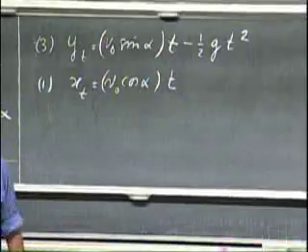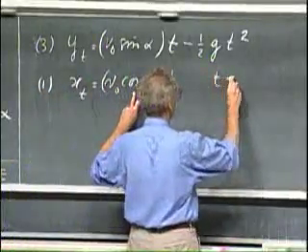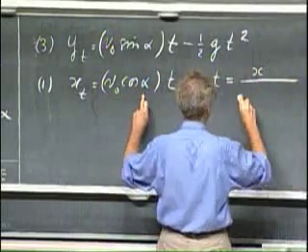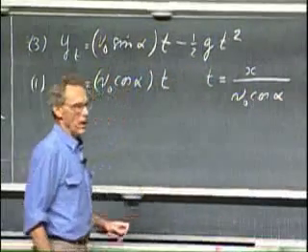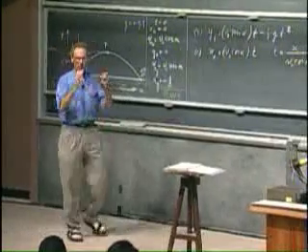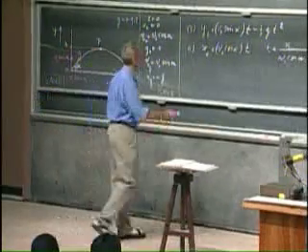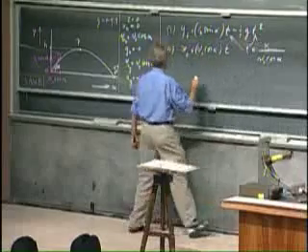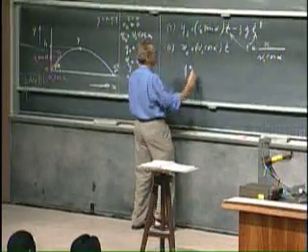Now I eliminate t, and the best way to do that is to write for t: x divided by v0 cosine alpha. Now I can drop all sub-indexes t, because we're now going to see y versus x. We're going to eliminate t. So I'm going to substitute this time in here and in there, and so I'm going to get y equals.